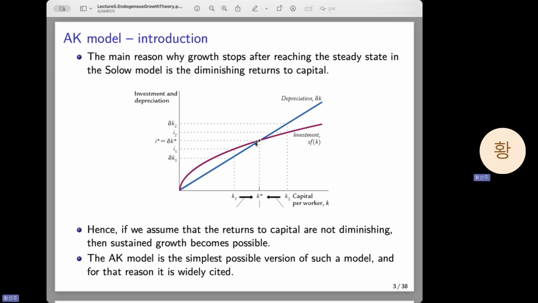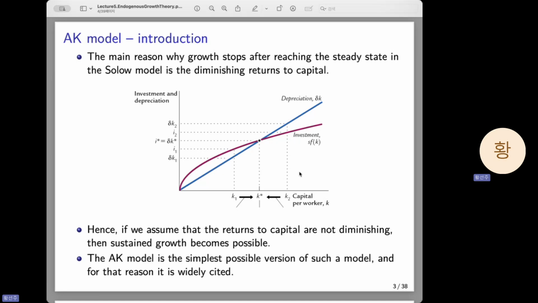Okay, let's look at this intersection point. This is the steady state, K star. As we know, at this point, investment exactly equals depreciation. So when K is below K star, investment exceeds depreciation, so capital accumulates and K rises.